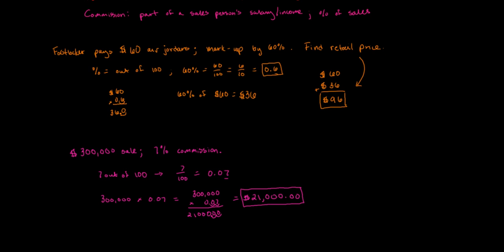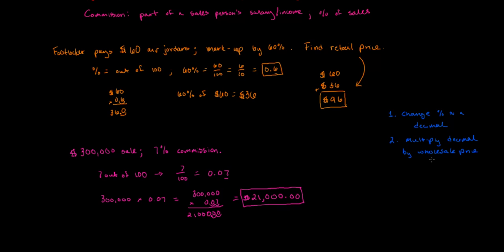Okay. So again, just to recap, when you're finding commission or you're finding a markup, you need to change the percent to a decimal first in both cases. Then you're going to multiply the decimal by the wholesale price or the sale itself.